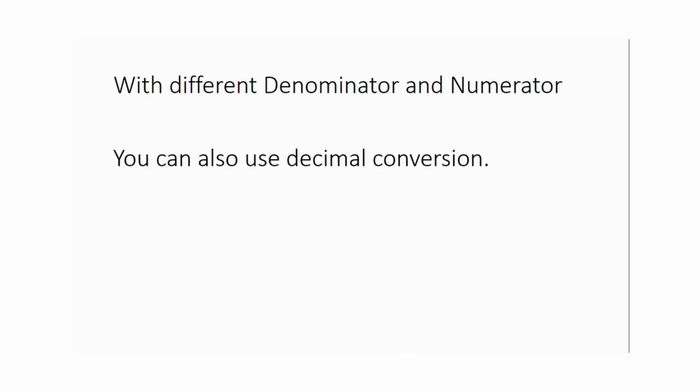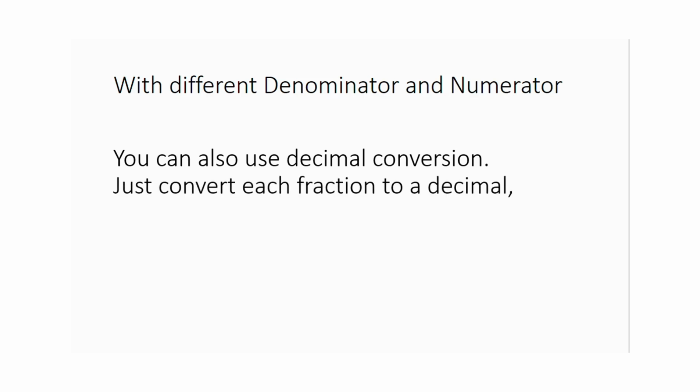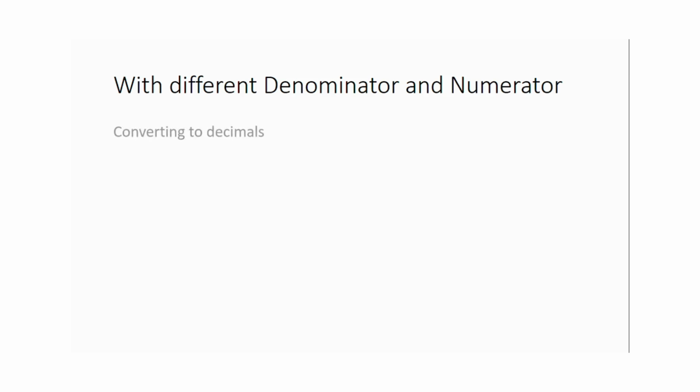You can also use decimal conversion. Just convert each fraction to a decimal, then compare which one is bigger. So 2/5 versus 3/7.